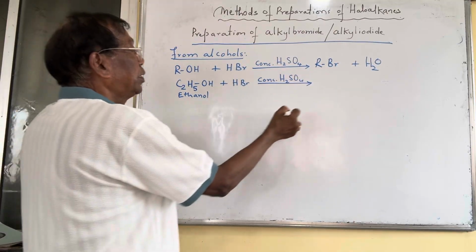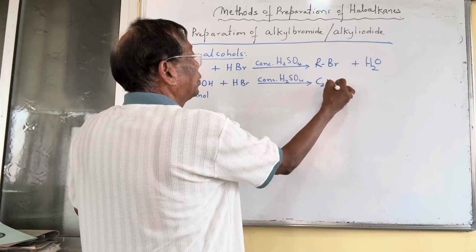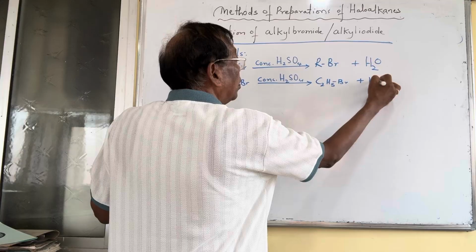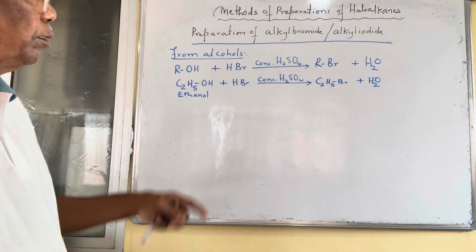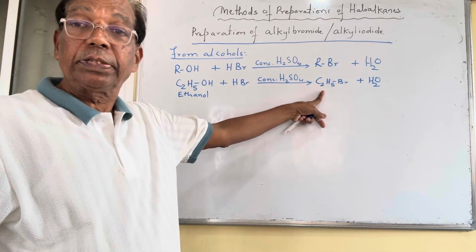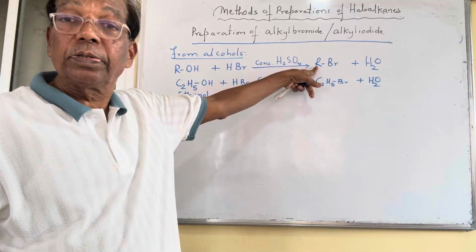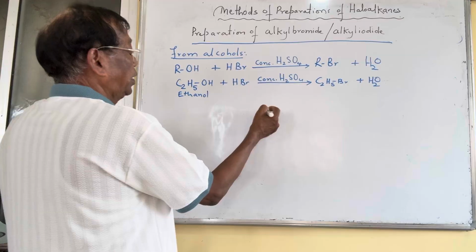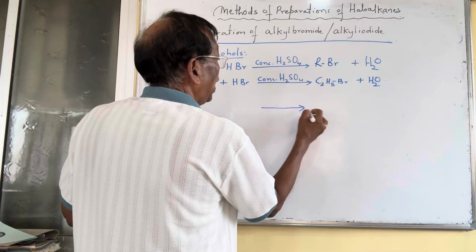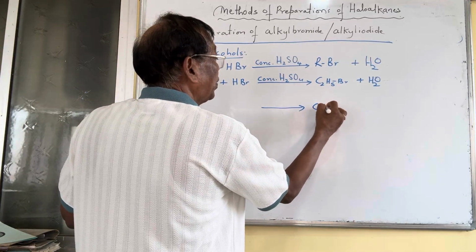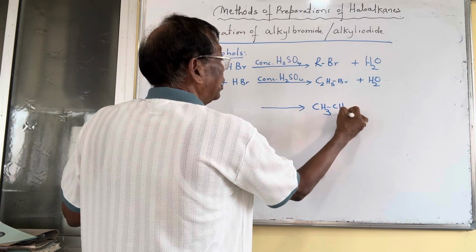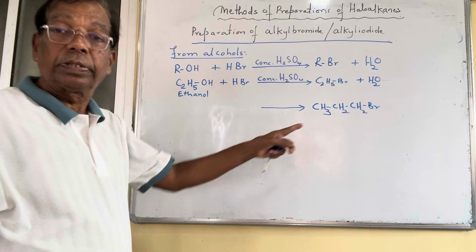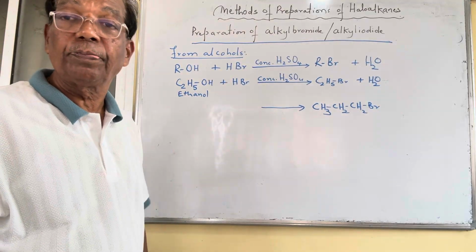You will get C2H5Br plus water. Remember, I have changed the R group to C2H5. So remember this general equation very well so that you can write any compound. Suppose I want to prepare N-propyl bromide. N-propyl bromide will be CH3CH2CH2Br, which is 1-bromopropane.